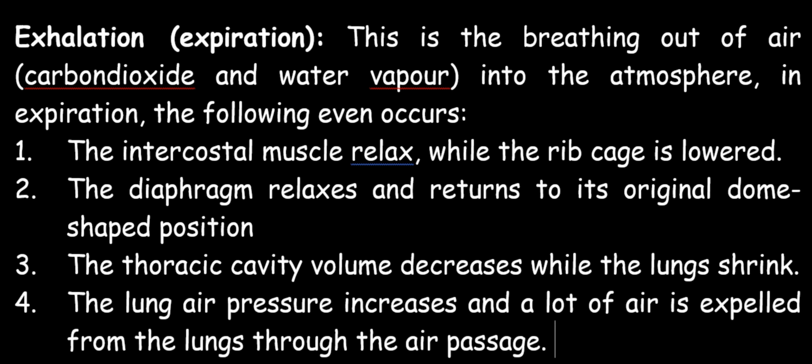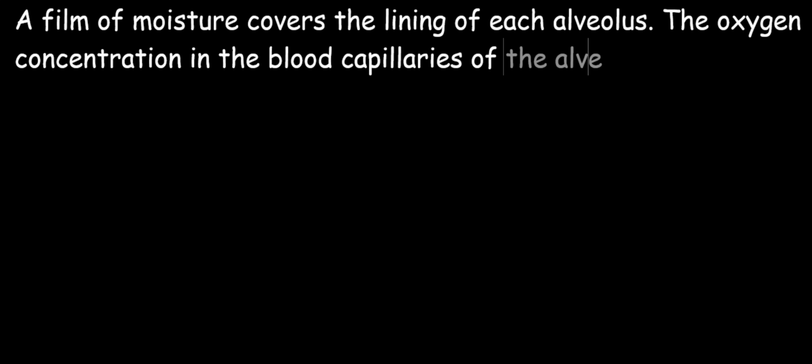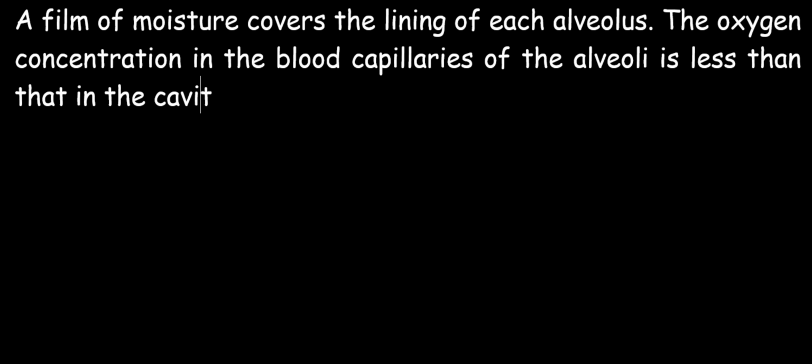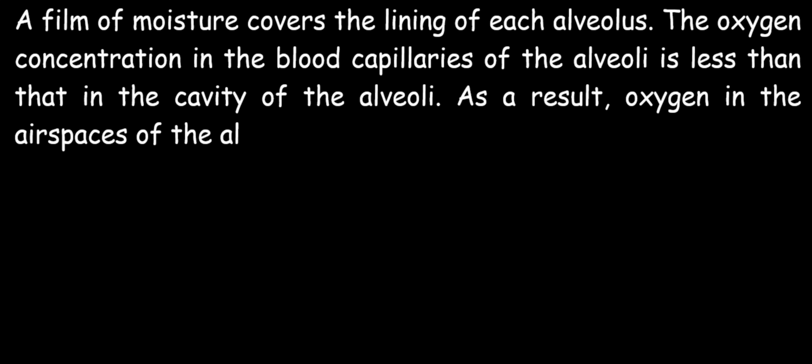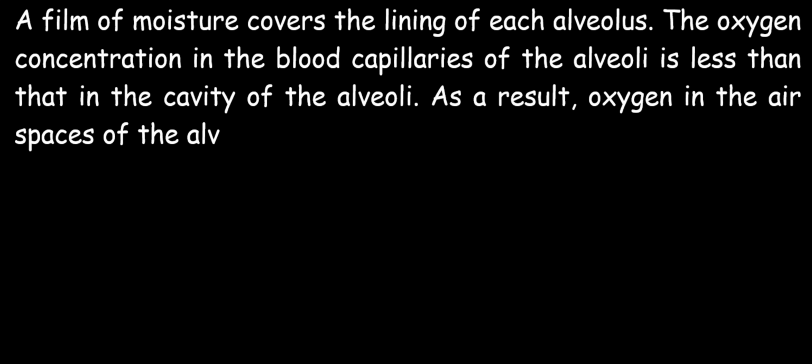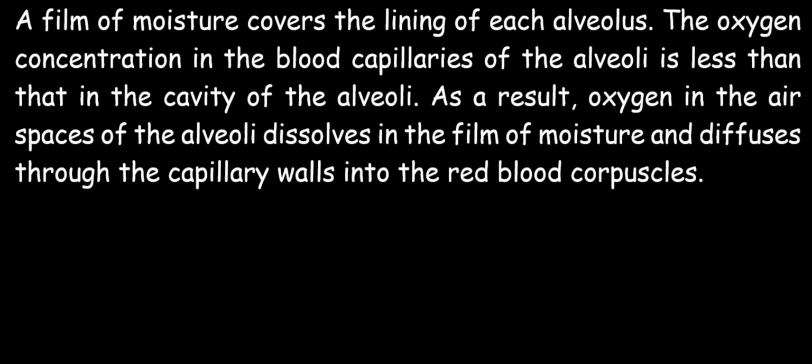It is also important for you to know that each alveolus is covered by a film of moisture. That is, a film of moisture covers the lining of each alveolus. The oxygen concentration in the blood capillaries of the alveoli is less than that in the cavity of the alveoli, and as a result, oxygen in the air spaces of the alveoli dissolves in a film of moisture and diffuses where it readily combines.